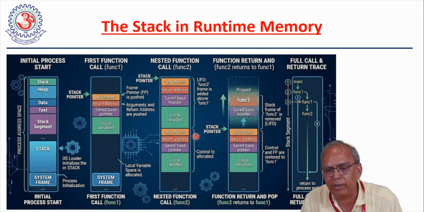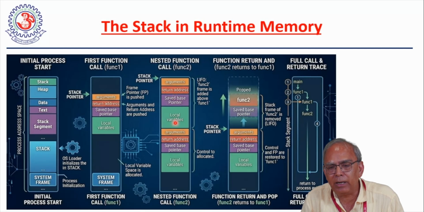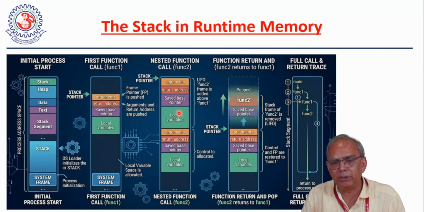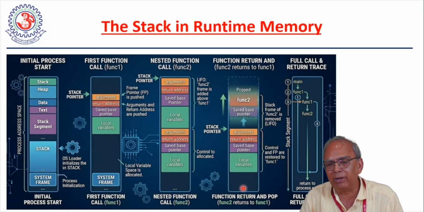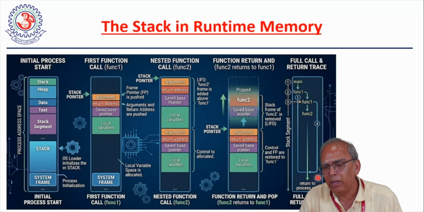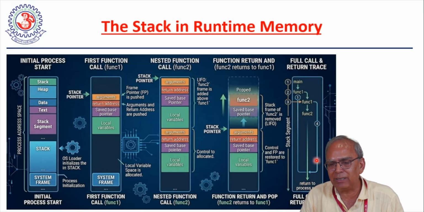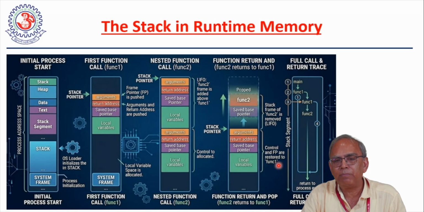Unless function 2 execution is completed, function 1 details will not be revealed. Once function 2 returns, this entire space will be deleted and the contents transferred to the main memory, and then it will resume the execution from function 1. So that's how the full call and return is shown here: you have main, then function 1, then function 2, and then return to the process exit. That's the very important role of the stack.